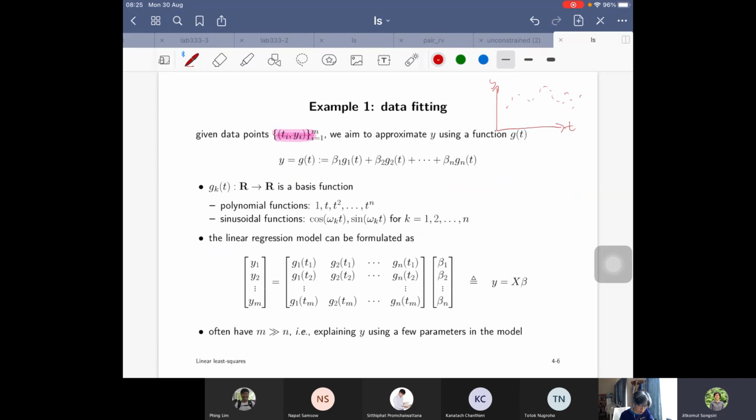And then you want to approximate y as a function of t, and you kind of have an assumption that you should use a function g(t), and then you also have a further assumption that g(t) can be decomposed as a sum of basis functions.